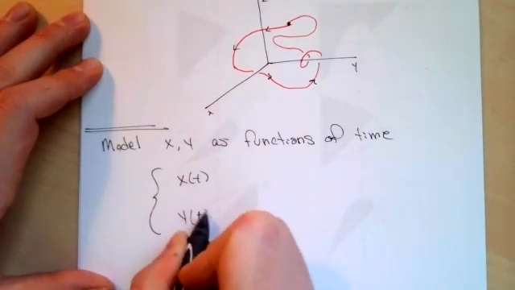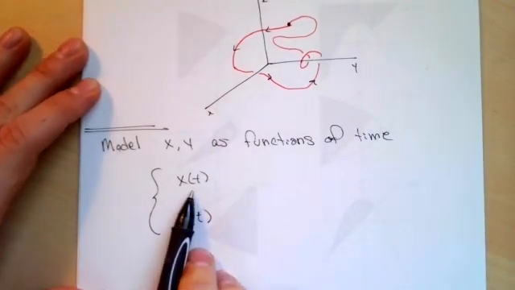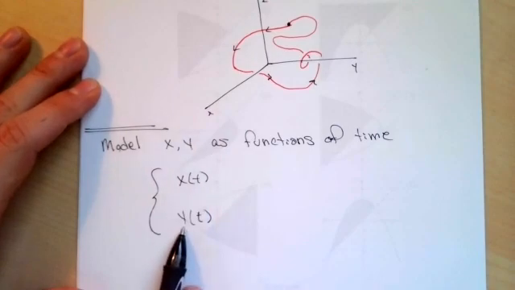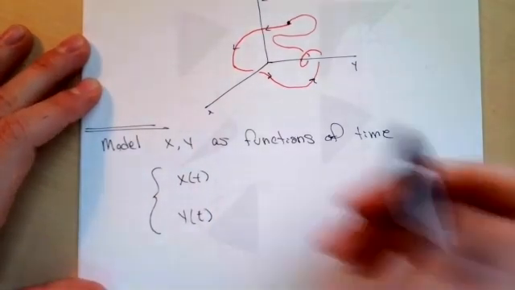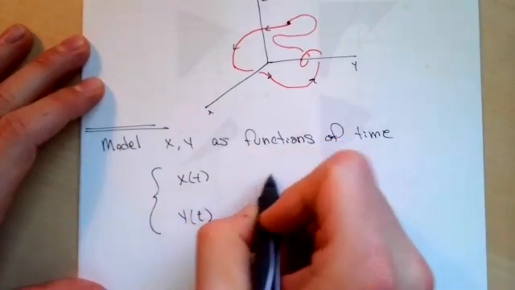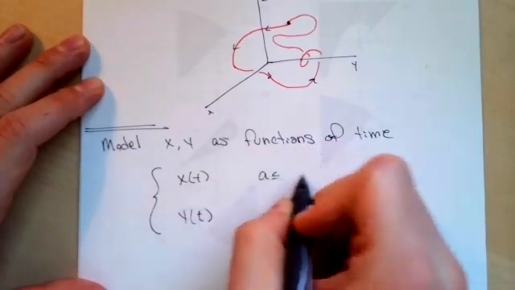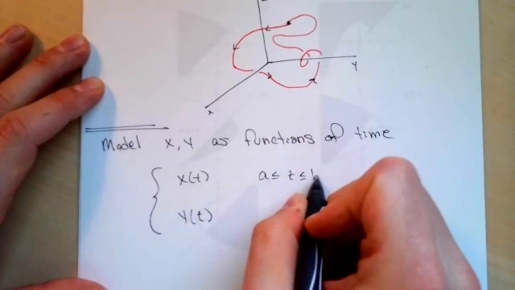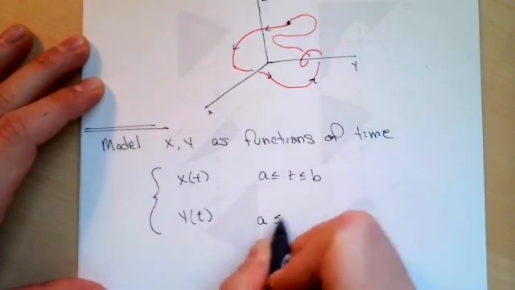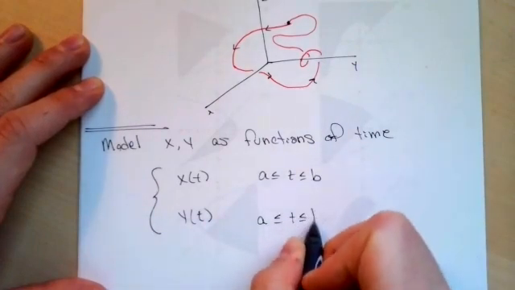So we're keeping track of what is the x coordinate doing as time progresses, and what is the y coordinate doing as time progresses. And we often sometimes have a definite starting time and a definite ending time. Of course, that has to be the same for both variables.